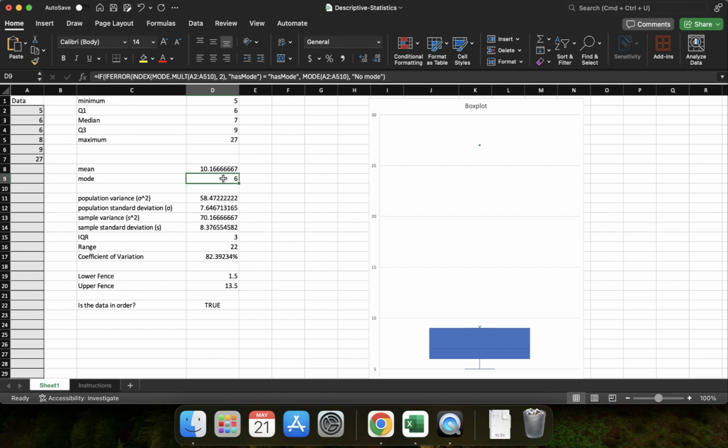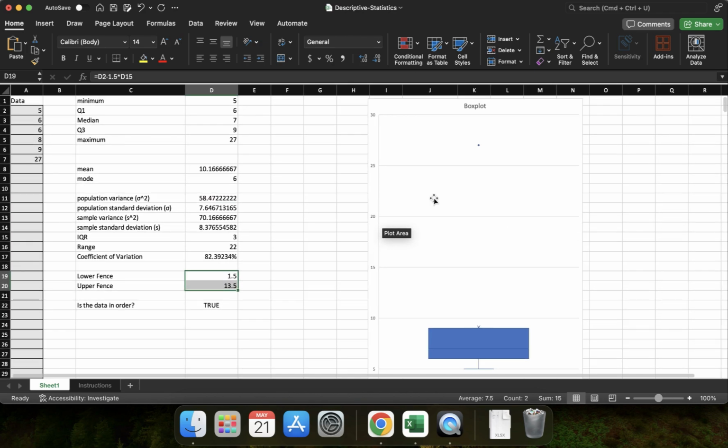So here's the mean, 10.167, and it gives us a little bit more data points. Mode is here, 6, which is good. Median is up here, which gives us 7, which is what we had as well. But it gives us a bunch of other things as well. The variance, these are the measures of variation. And then these are other things for outliers.